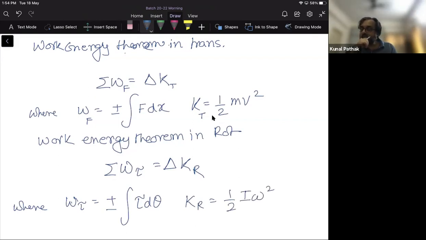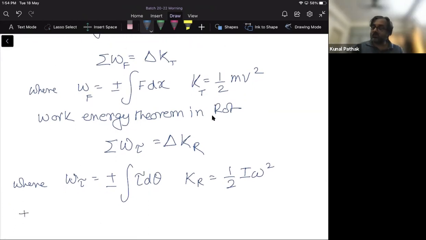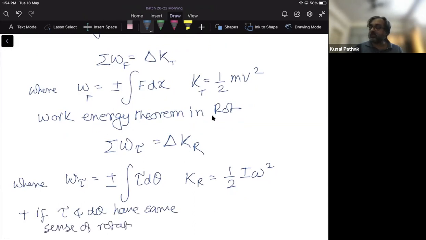So work done by torque is either plus or a minus. It is plus, let me just write this here, if torque and d theta have the same sense of rotation, that means that both of them are either clockwise or anti-clockwise. Okay.